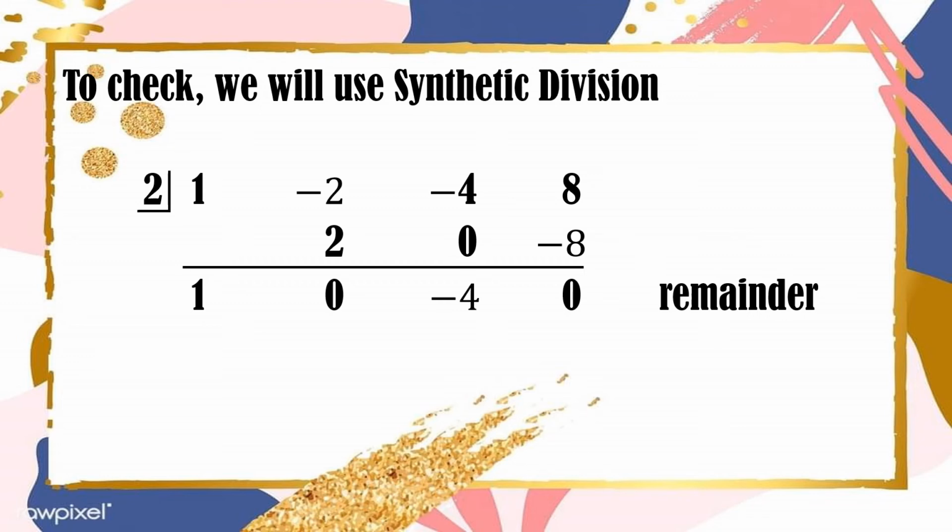Then, add negative 2 and positive 2, unlike signs, that is why it will become 0. Then multiply 0 by 2, it will be 0. Then add negative 4 and 0, it will become negative 4. Another, multiply negative 4 by 2, then it will result to negative 8. Now add positive 8 and negative 8, it will become 0. So 0 is the remainder.